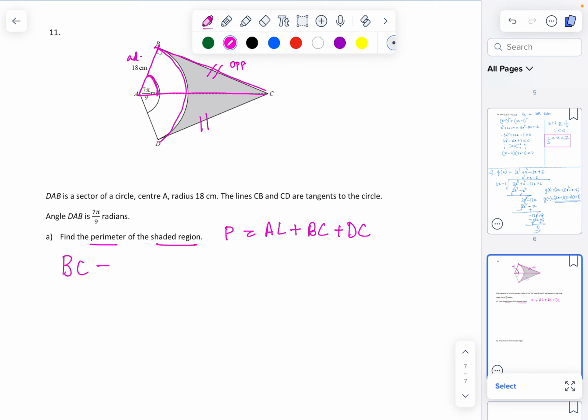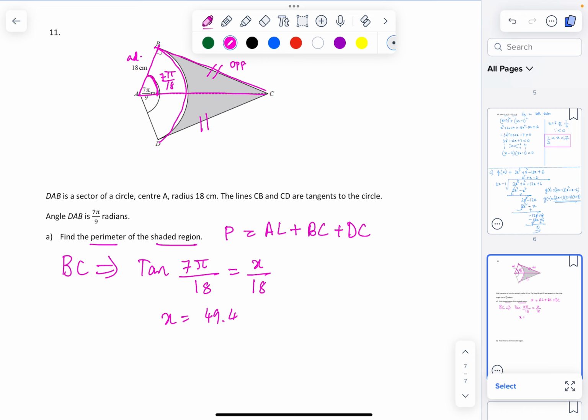So tan of 7 pi over 18, I'm taking this one as a half, is equal to x over 18. So x is going to be, use the calculator, 49.4545. So this is BC.